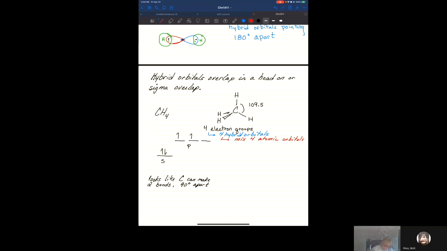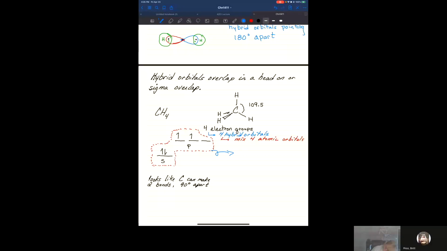Since I need 4 atomic orbitals mixed, I'm always going to start with the low one. I'm going to grab the s. So I'm going to grab all of them, put them through the mixer.